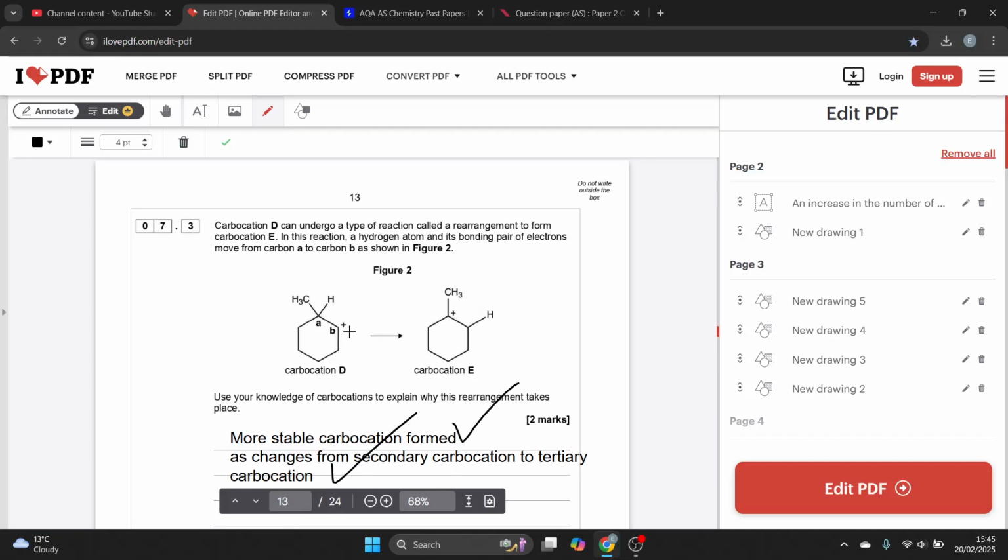So I've got the carbocation there, then hydrogen here, the carbocation there.